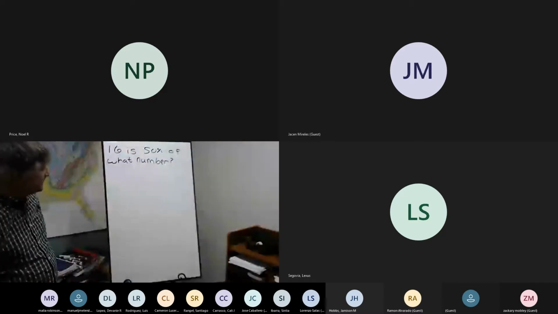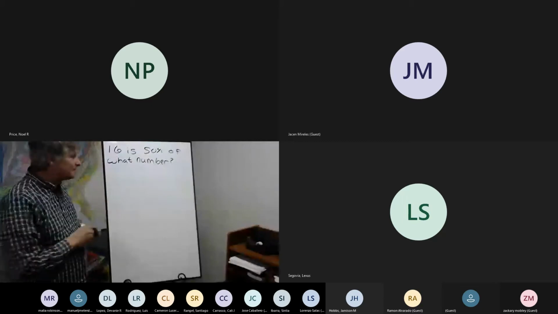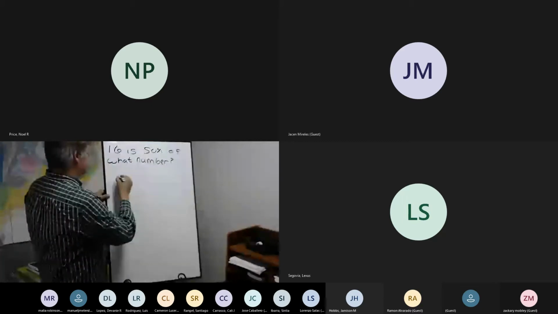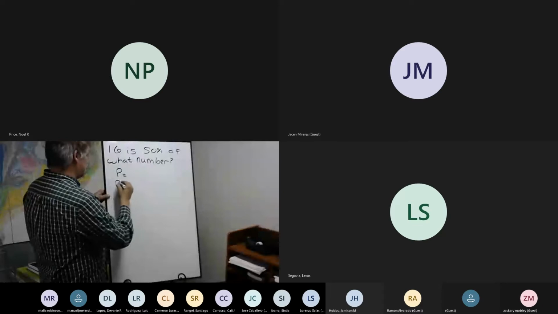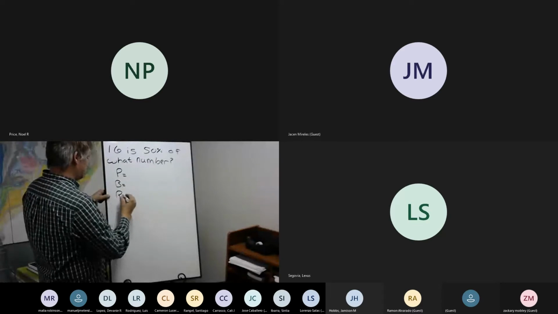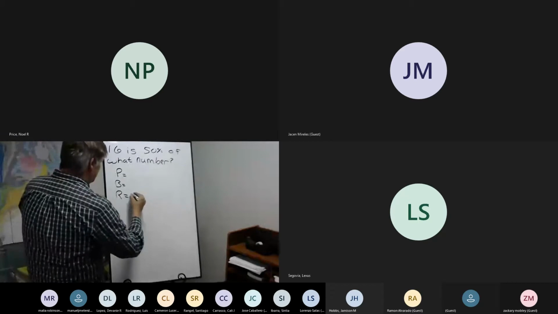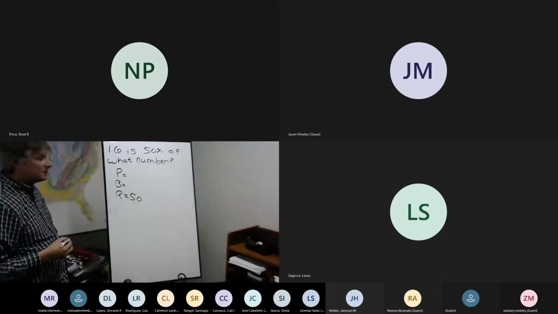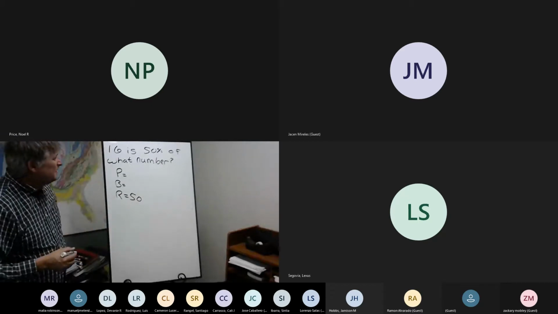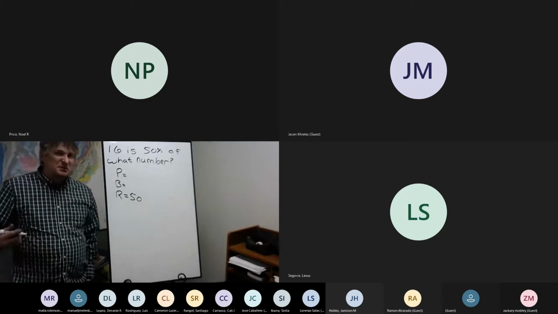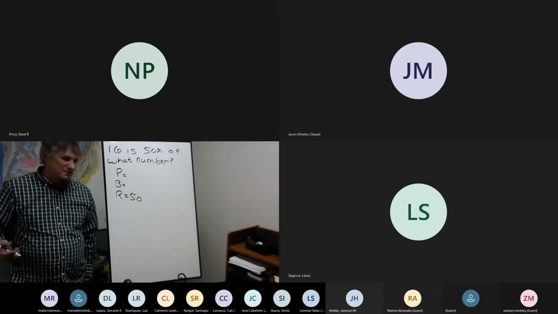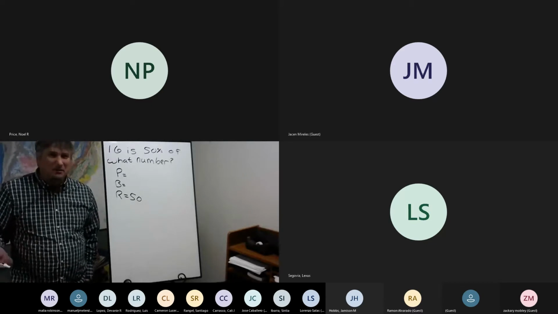So 16 is 50% of what number? If we use the formula approach, well, the percent's given. That's going to be 50. 16 is 50% of something, so that means it's part of something.